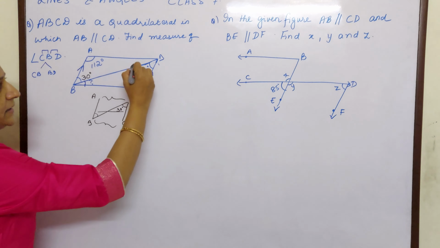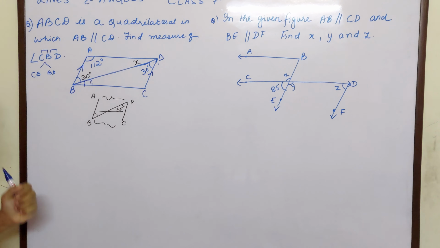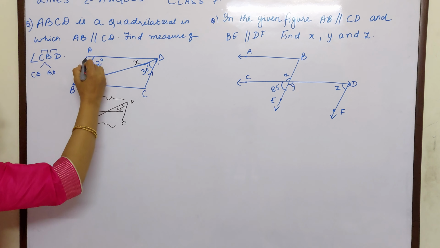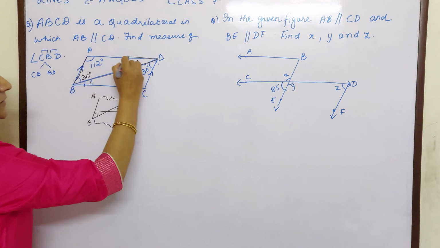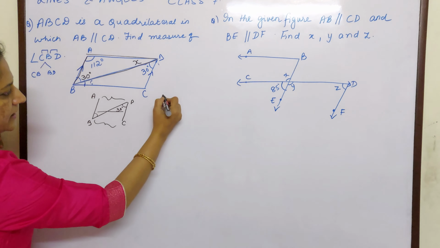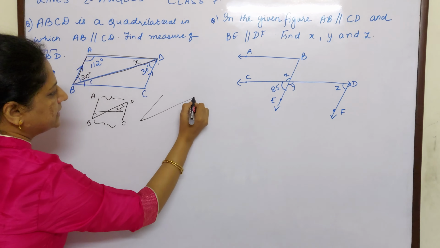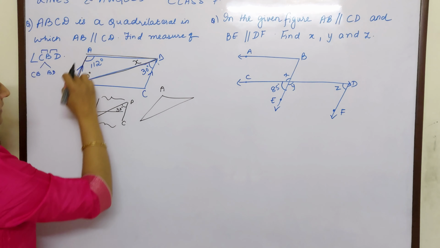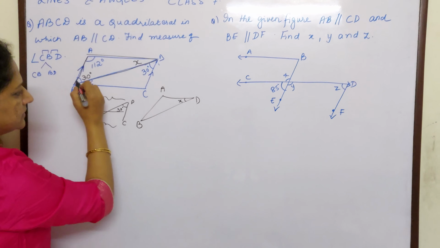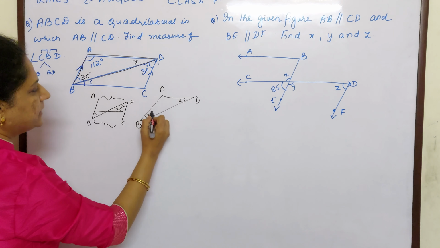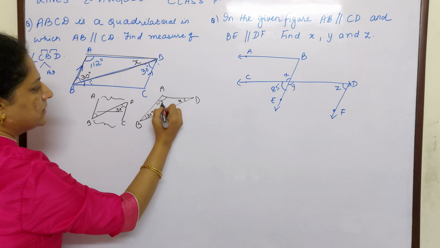Okay. Now let me take this as x. Why am I taking this as x? Now I am going to take triangle ABD. This is A, B is here, and this is D. D I have taken as x. Just now I got this as 30, and A is already 112.